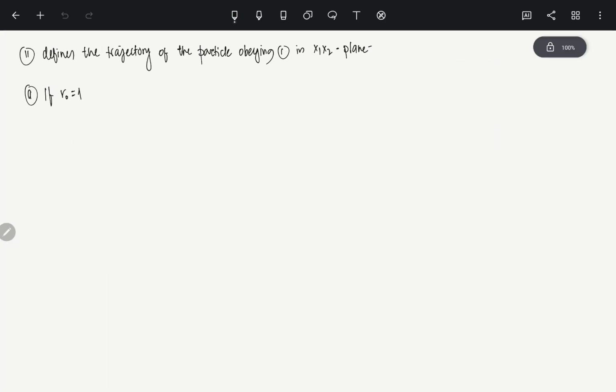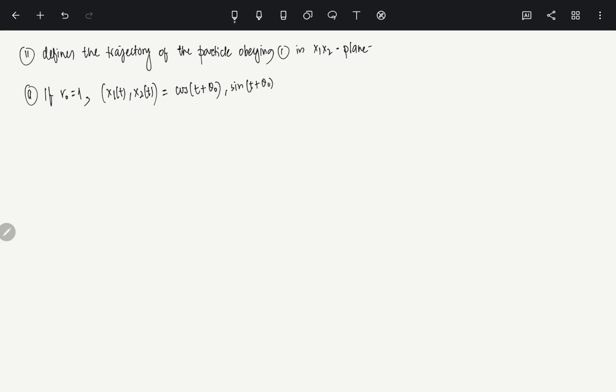So if r naught equals 1, then the trajectory x1 of t and x2 of t will look like cosine of t plus theta 0 and sine of t plus theta 0.